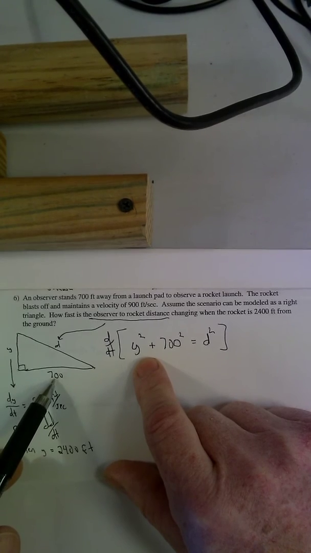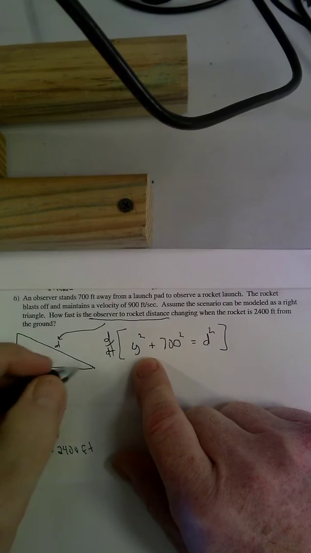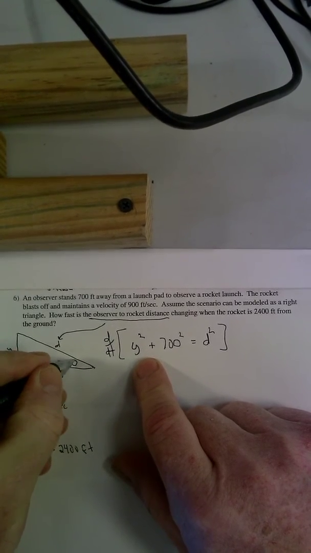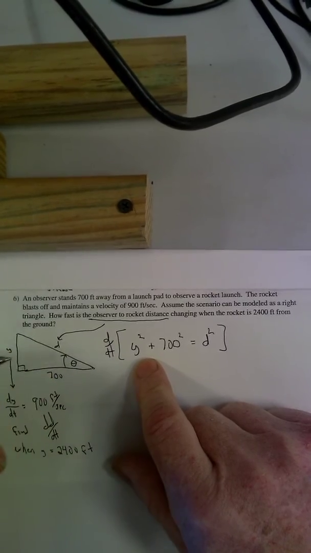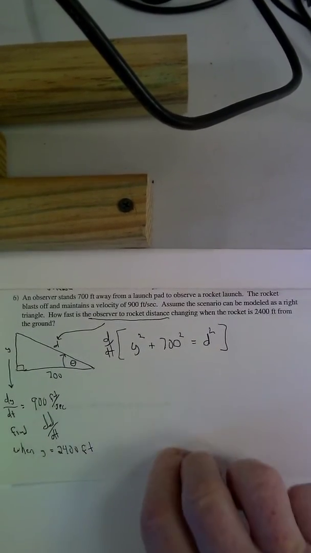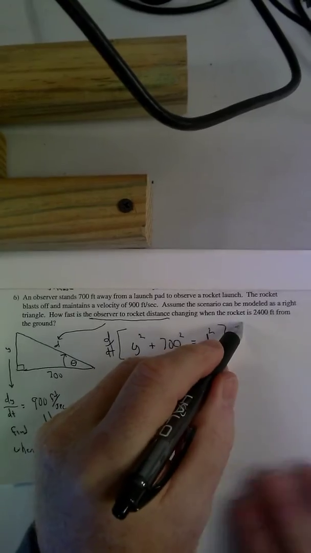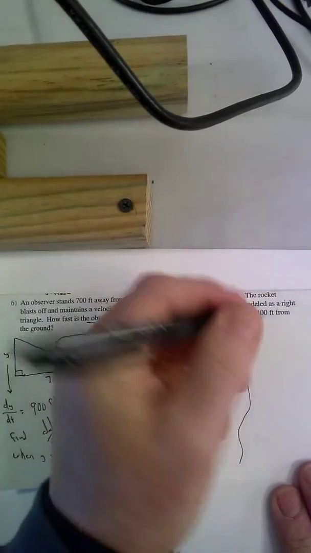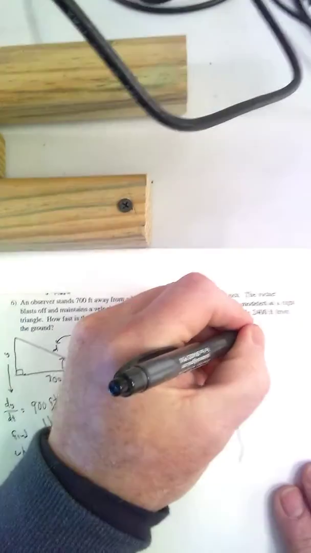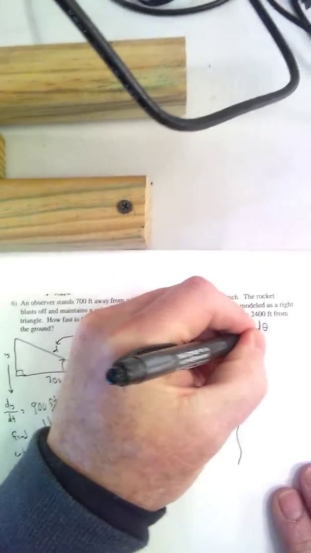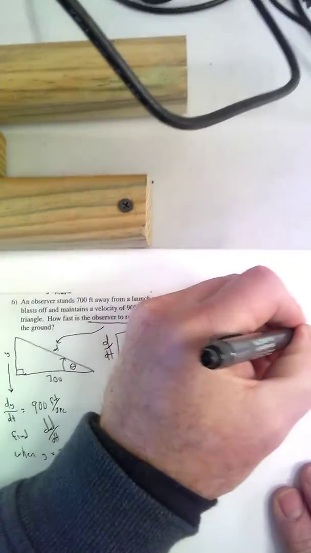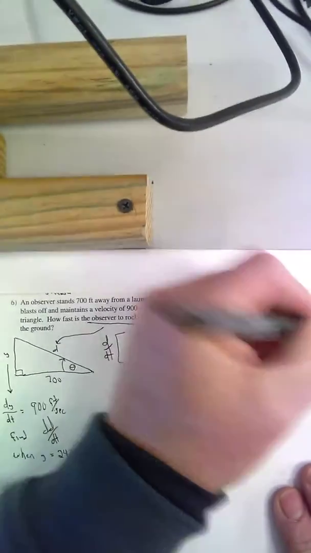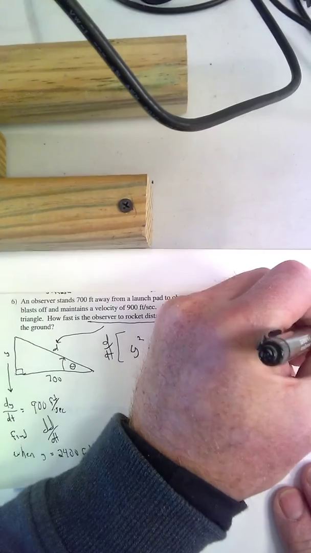This angle is also changing, if you think about the observer keeping his eye on the rocket. So another question that's not on there would be to find d theta/dt at the same time. A little extra thing for you to think about.